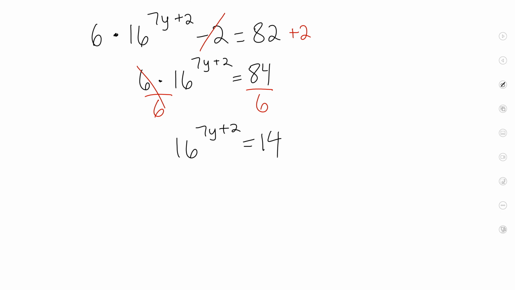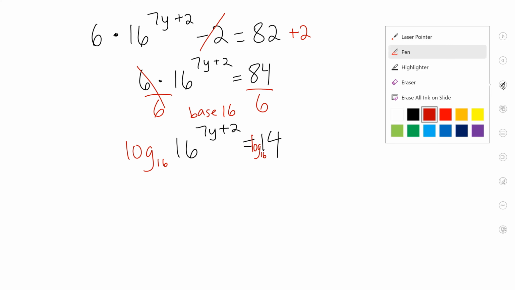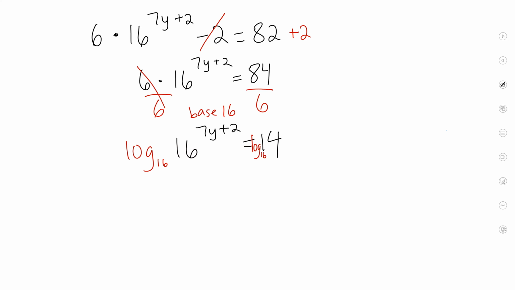Okay, and what's 84 divided by 6? 14, thank you. Okay, so guys, we said our base is 16. Since our base is 16, we're going to do log base 16 on both sides. This will cancel out.